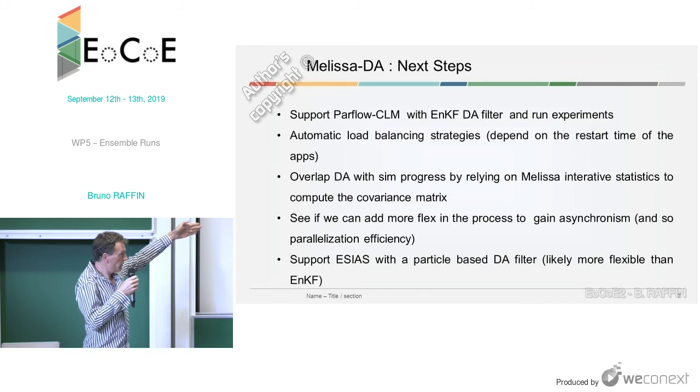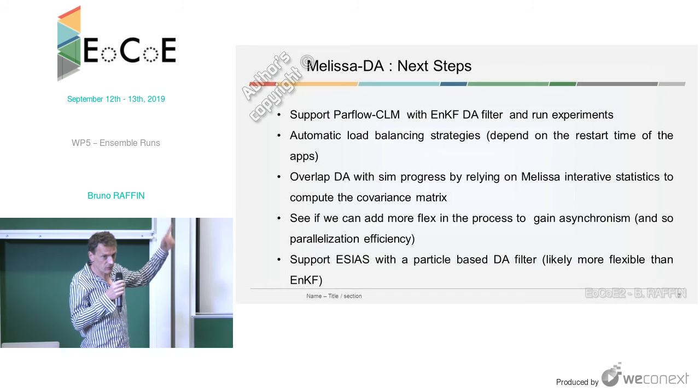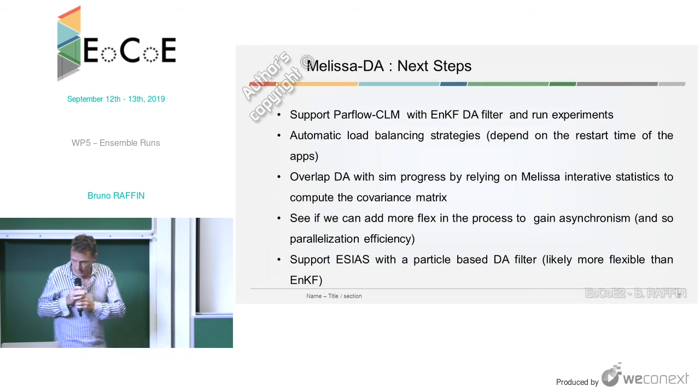And we want to go even further in exploring how we could introduce more flexibility in the process to gain more asynchronism and improve efficiency. Then we also have to work on ESIAS. ESIAS uses a different data assimilation process, the particle filter. From what we understand, it seems more flexible than the Kalman filter currently used in the ParFlow code, but this is still something that we need to explore.